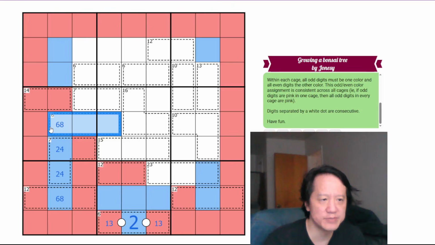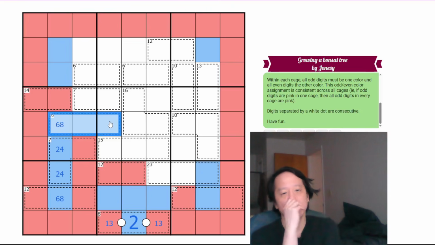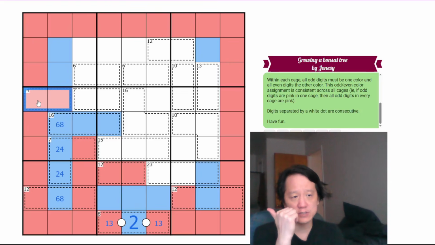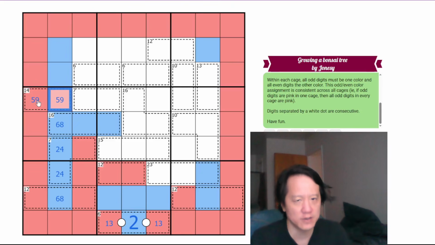This must add up to 16, and it's all evens. So to add up to 14, the only odd digits are 5 and 9. You could have had 6 and 8, but that doesn't work otherwise. So this is 5 and 9 here.